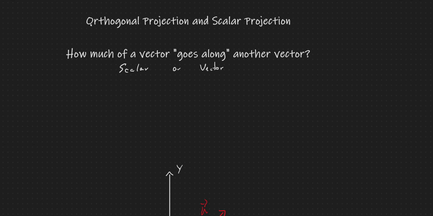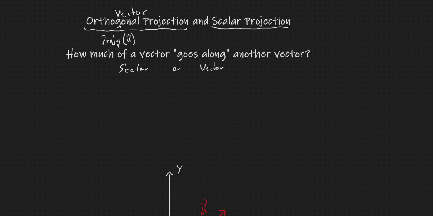This is going to give us two concepts, the orthogonal projection of one vector onto the other. So this is going to be the projection of a vector u onto the vector v. This gives me a vector. And scalar projection, which is just the magnitude of this projection vector.